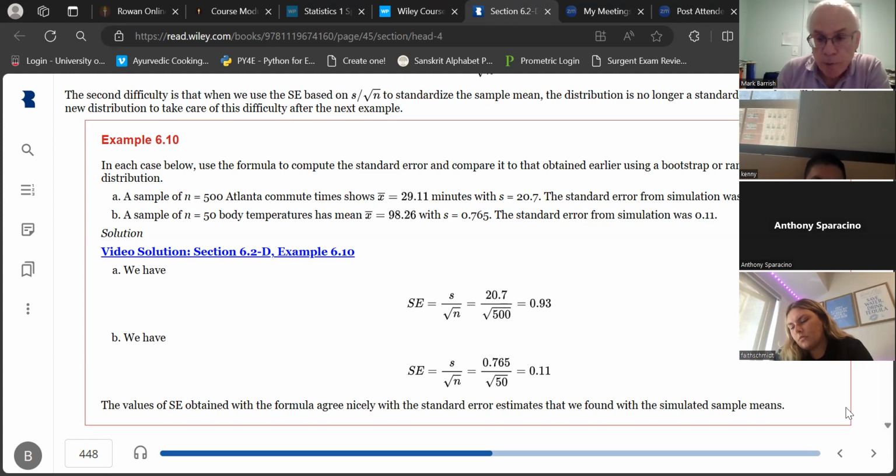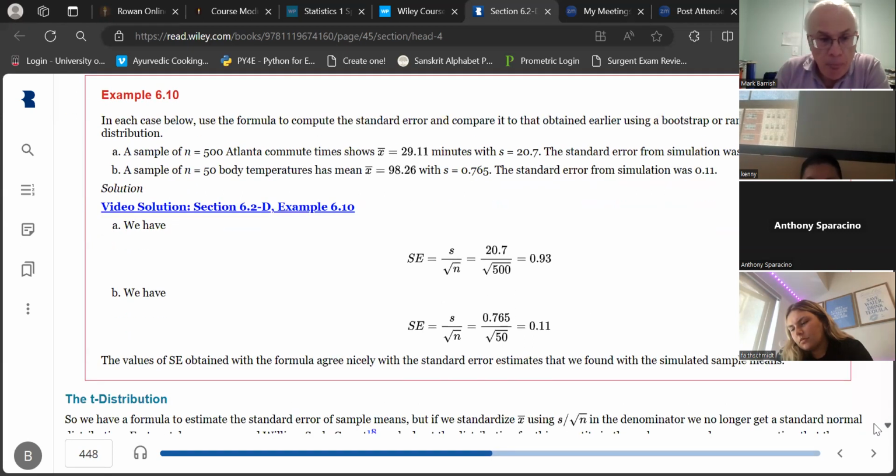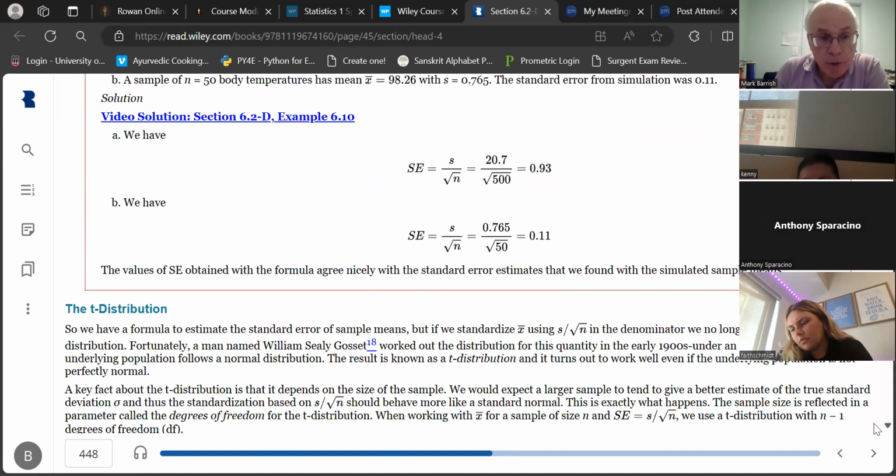It's a simple formula. It looks a little bit simpler than the square root formula we used in class for a proportion. This one only has a square root in the denominator. Any questions about that?